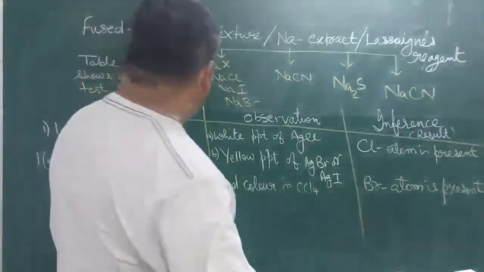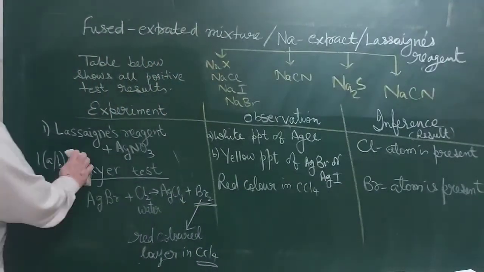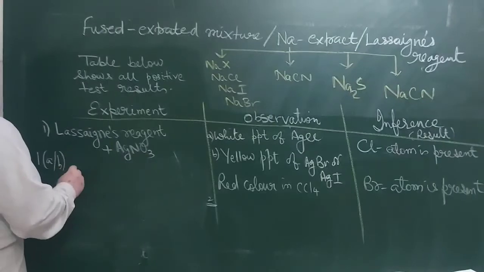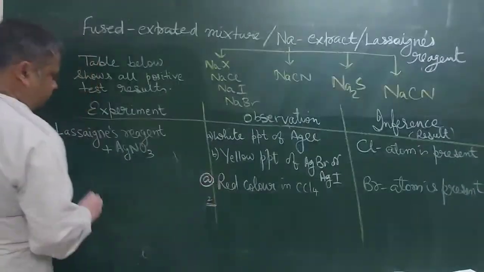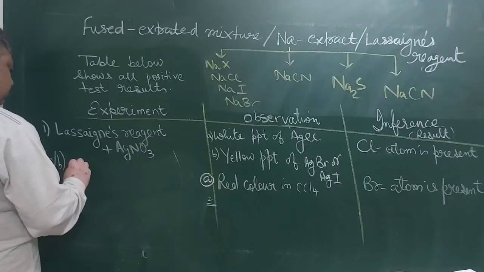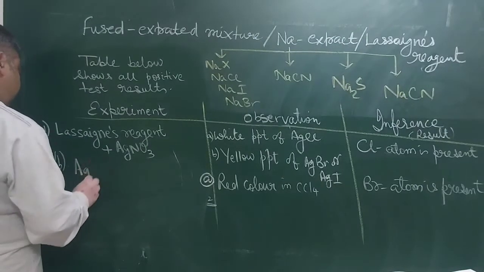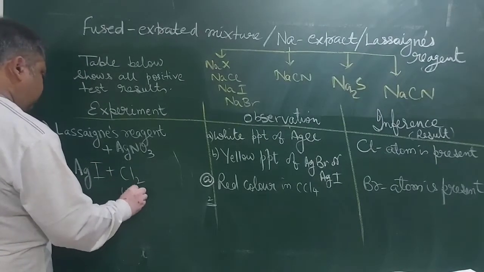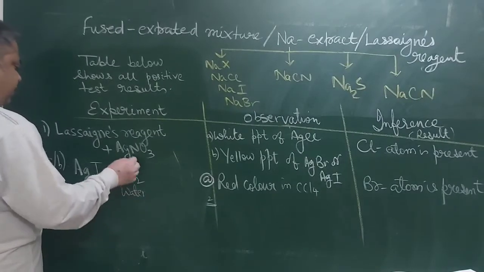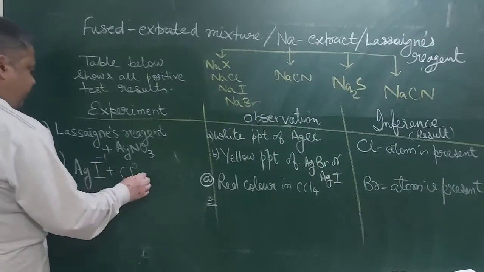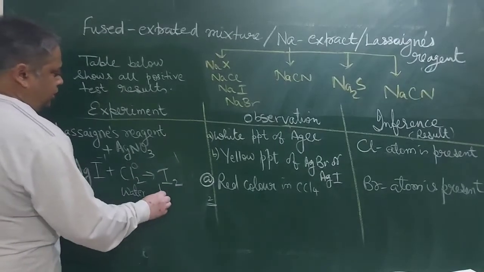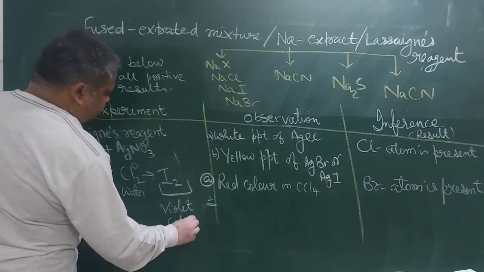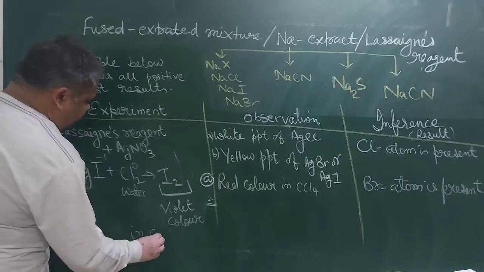Similarly, if this was AgI, if it is treated with chlorine water, it is the oxidizing agent, so it will oxidize iodide to iodine. This iodine will give violet color in CCl4.